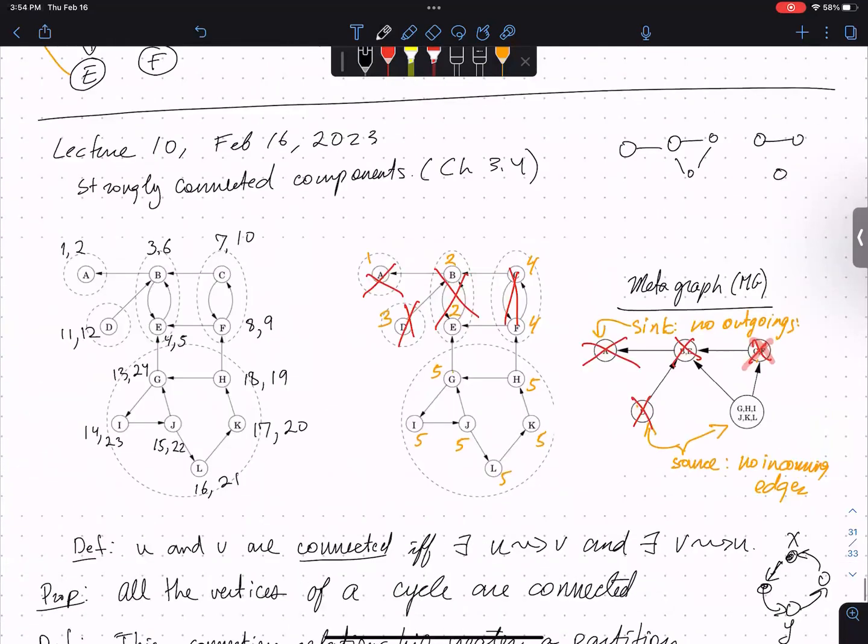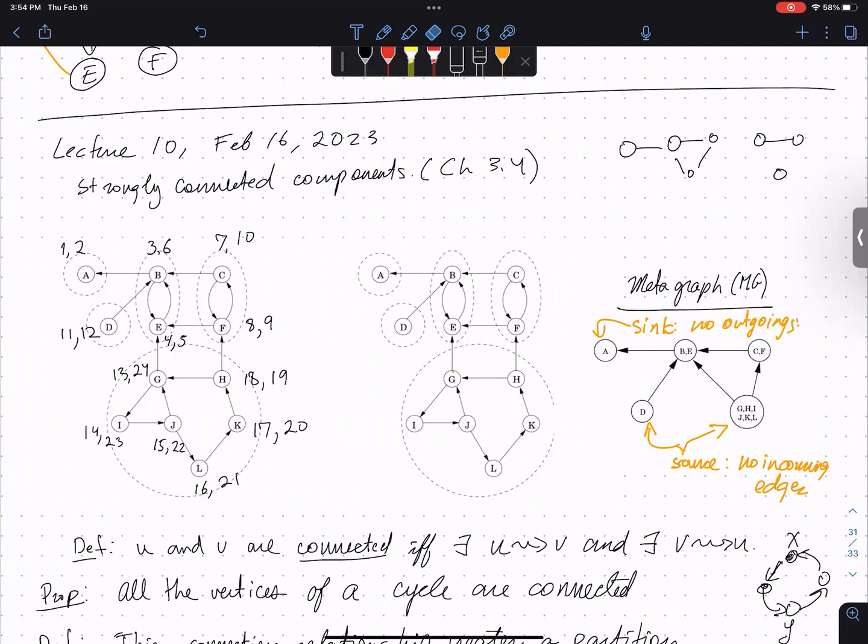Let's see an example. Give me your favorite edge. What's your favorite edge? Or you love them all? A to G, I like that one too. Wait, A to G? There's no A. H to G. No, okay. I meant in the metagraph. What's your favorite? So there's less to choose from.